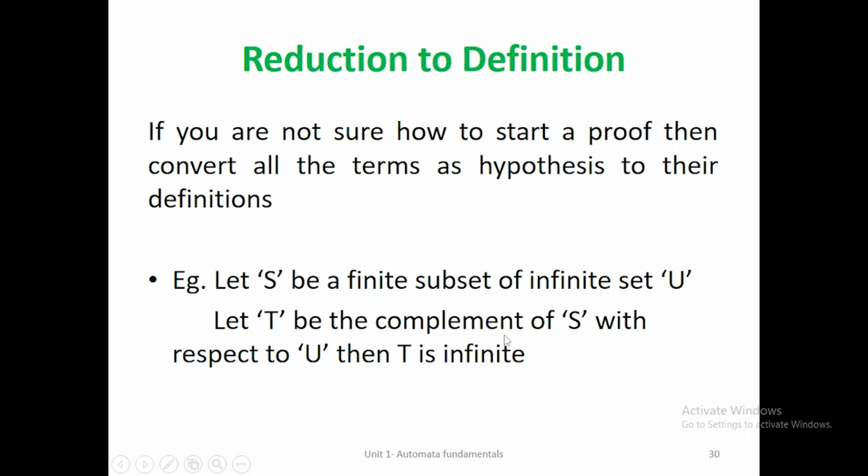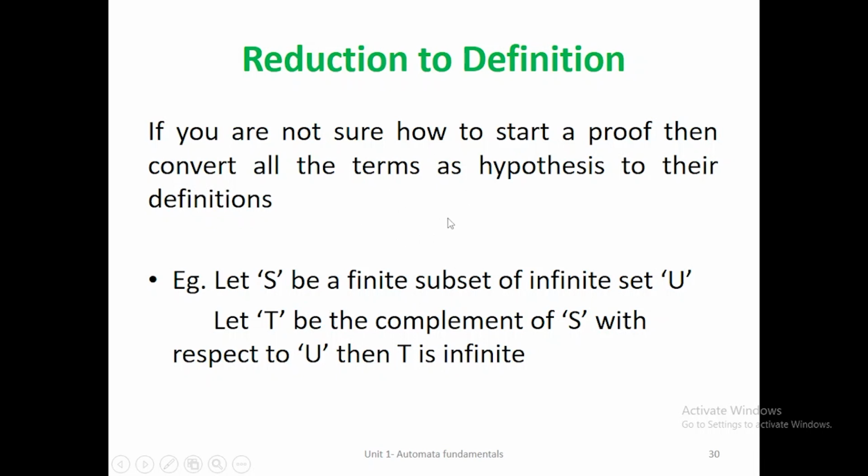That is the meaning of complement of S with respect to U. So S is a finite set, and T is the complement of S. The elements available in S are not available in T, but S and T are subsets of U. So U is an infinite set, S is a finite subset, so the other items from S to T are probably an infinite set. So this will be proved.